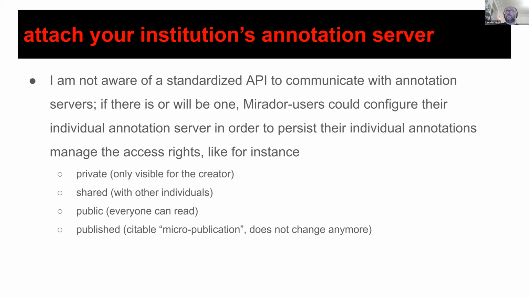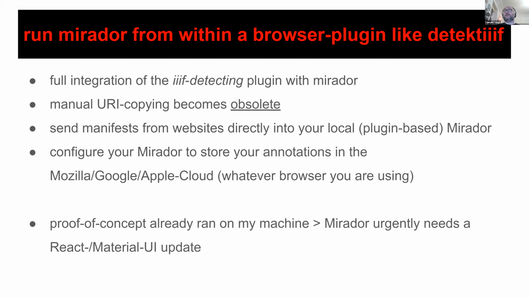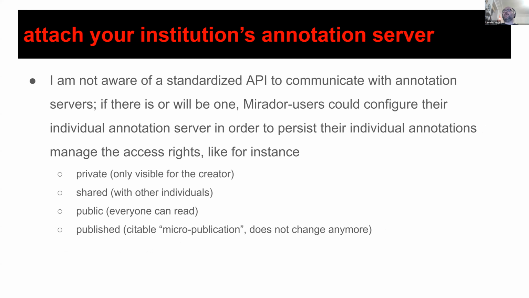So they could, for instance, attach their Mirador to their institutional university annotation store or whatever they may like to use. So this would also overcome this vendor related issue, which is on this slide here. So it could become vendor independent finally.